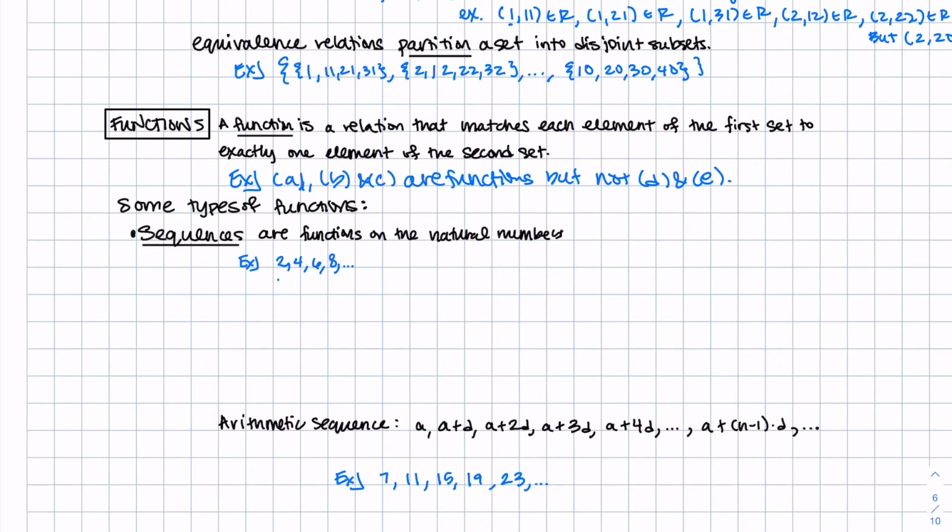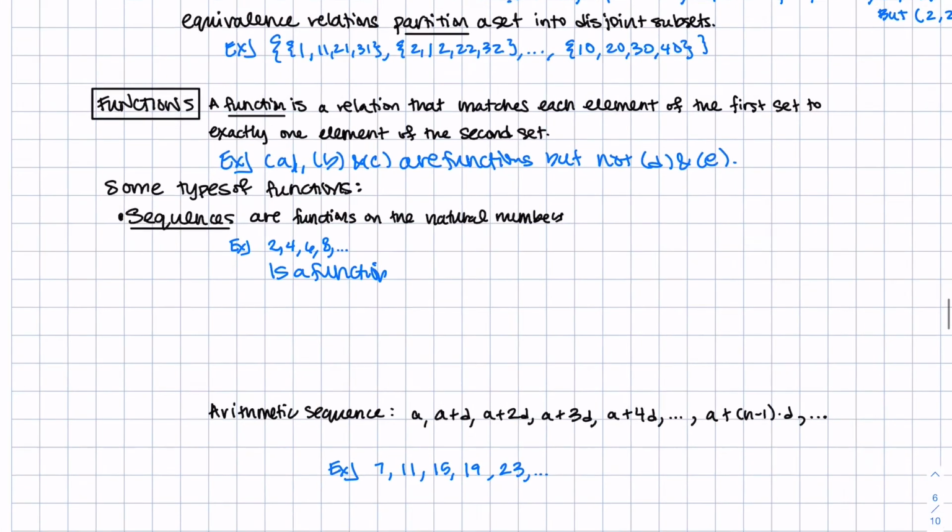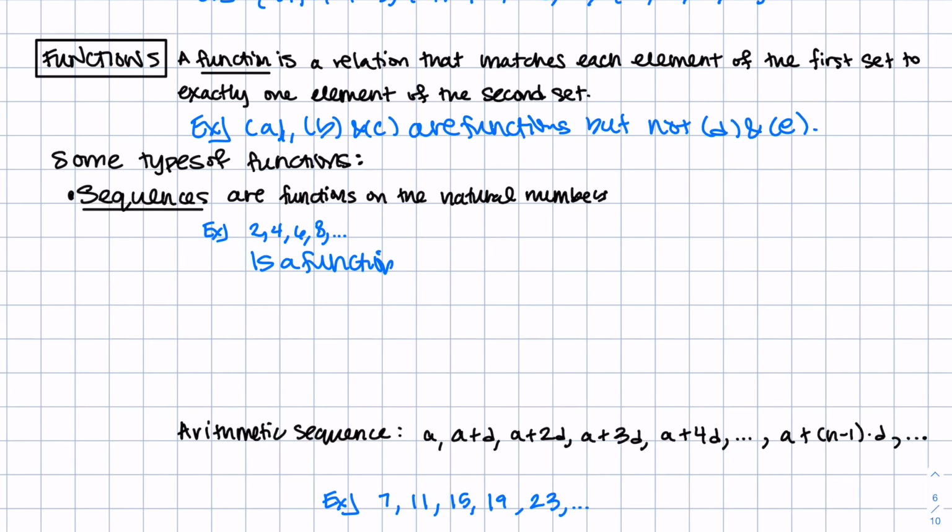The way to think about there being an ordered pair, because right now it looks like just a list of numbers, is that I want to map each number from the position in which it appears.